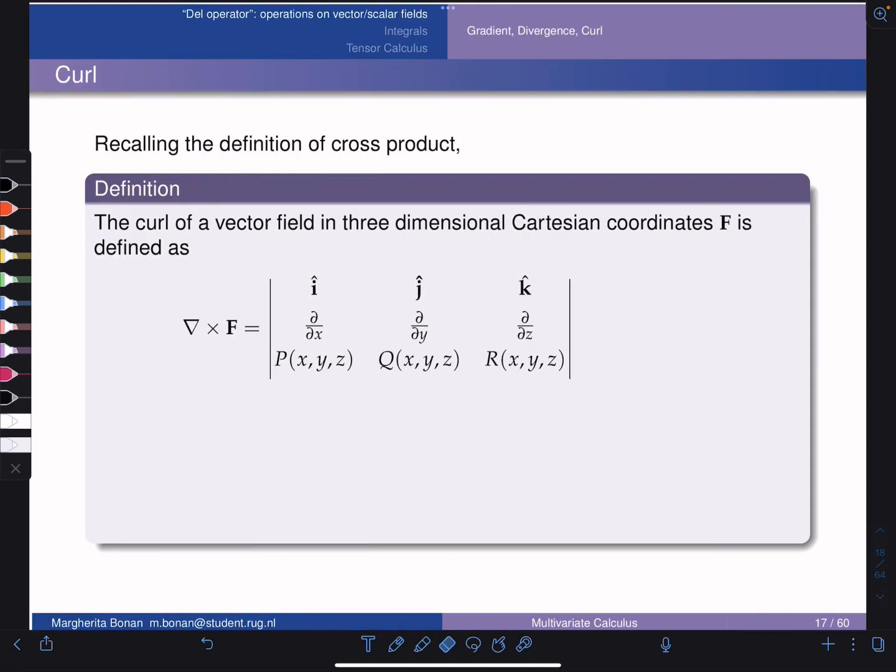We now analyze the curl of a vector field, being f a three-dimensional vector field in Cartesian coordinates.